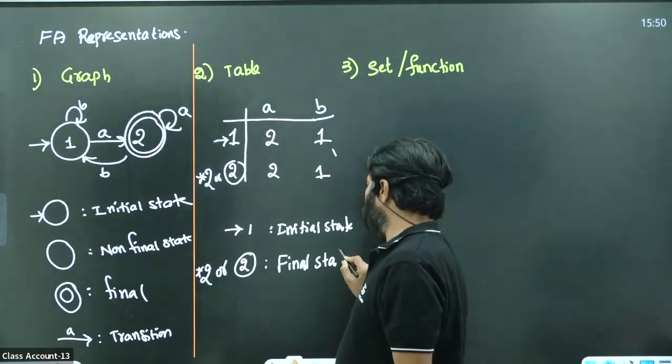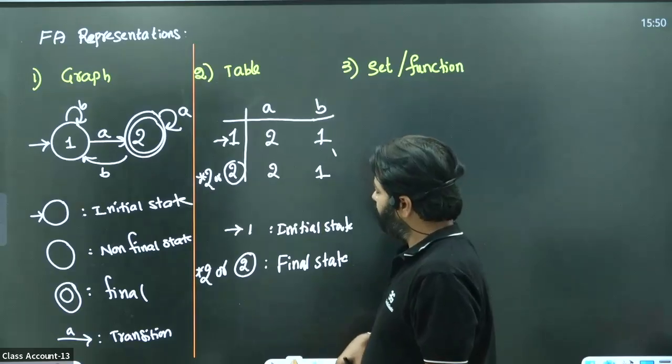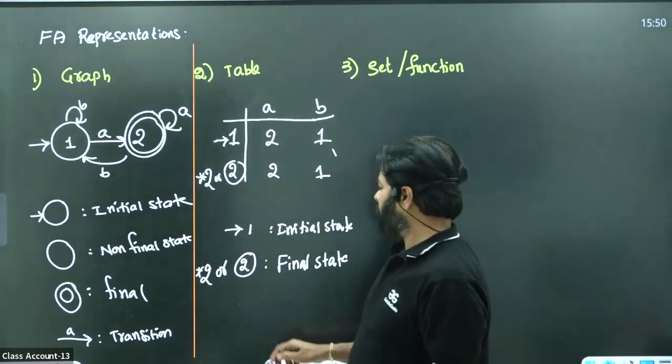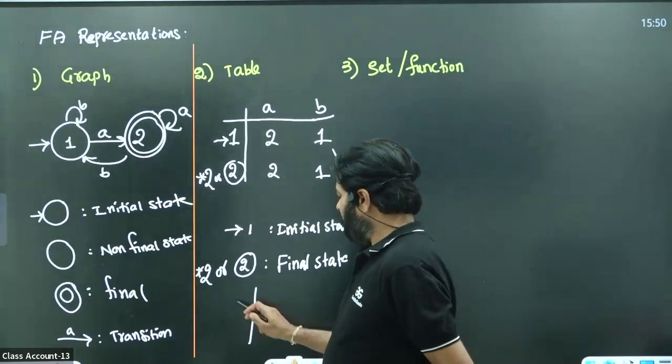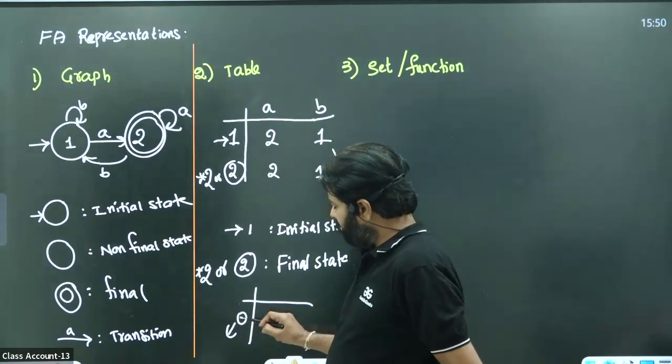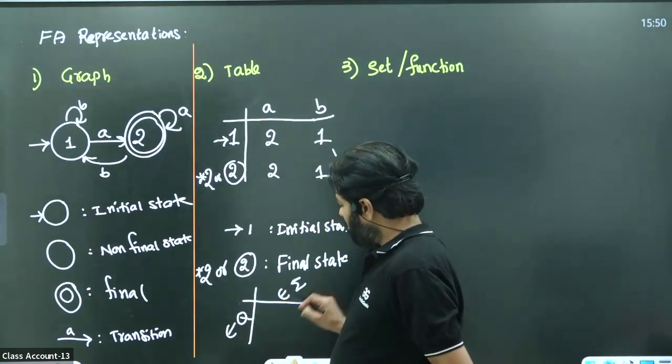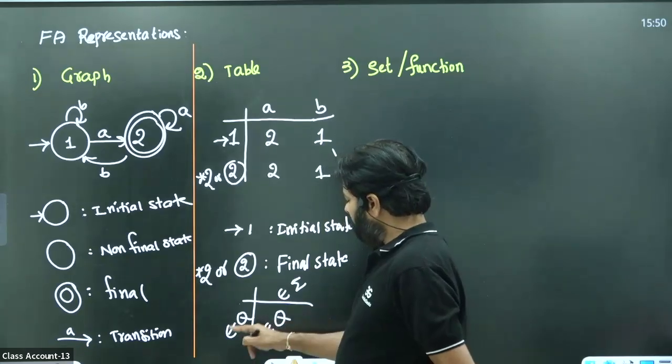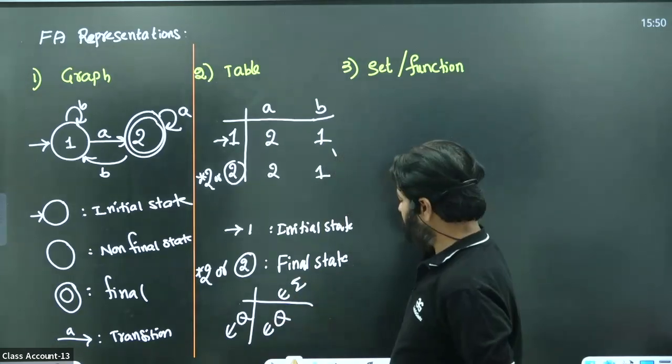If you don't have the finals, don't write a circle or star. If you look at the table, whatever you write here belongs to Q. Here belongs to sigma, and here belongs to Q. Q cross sigma maps to Q. Correct?